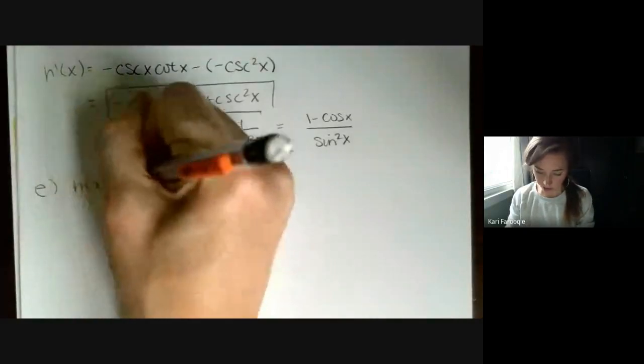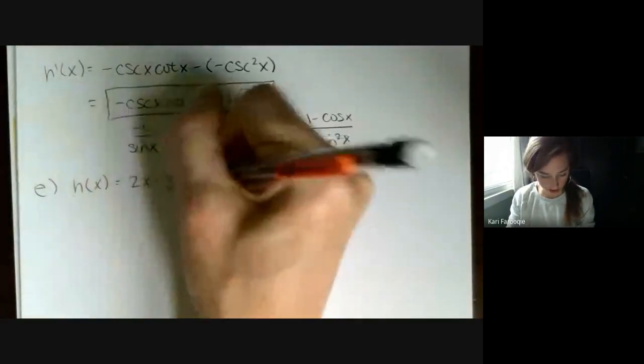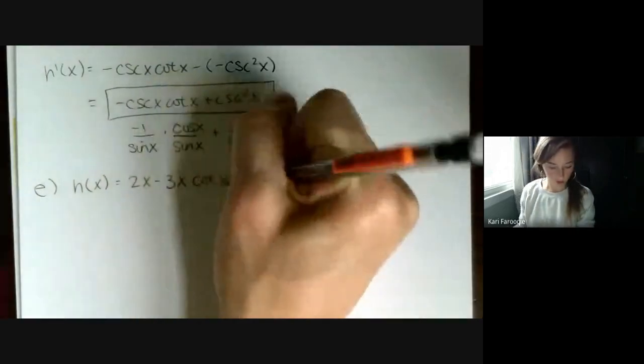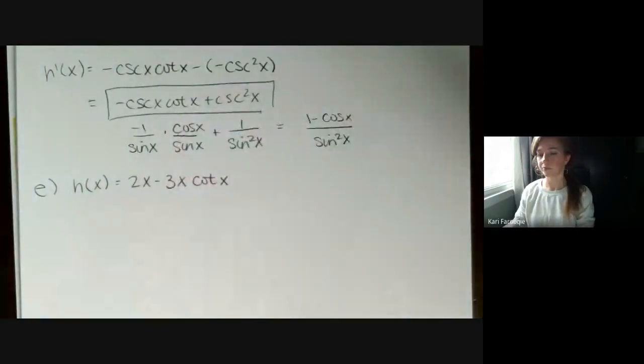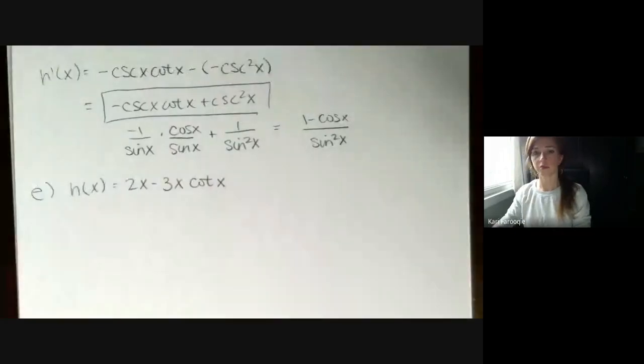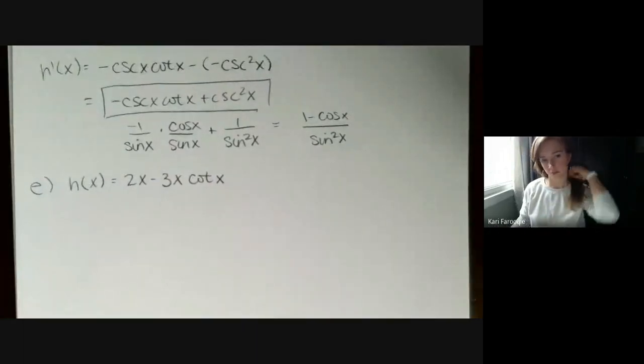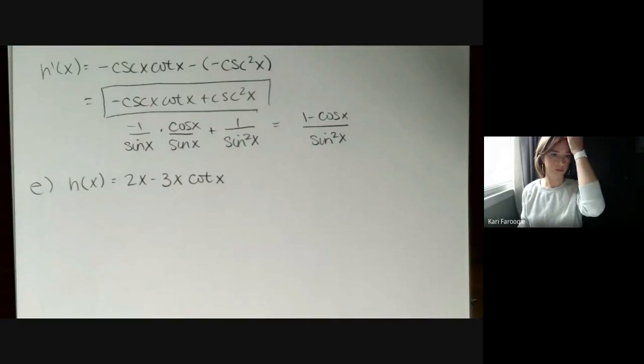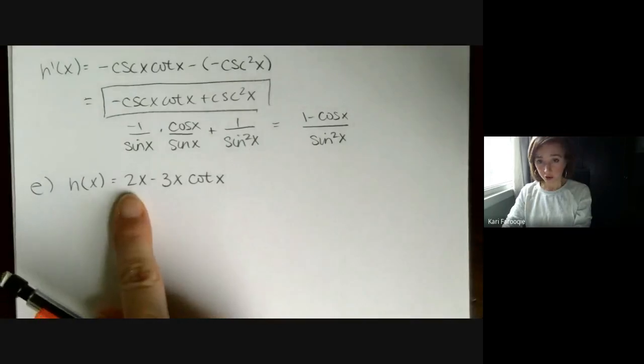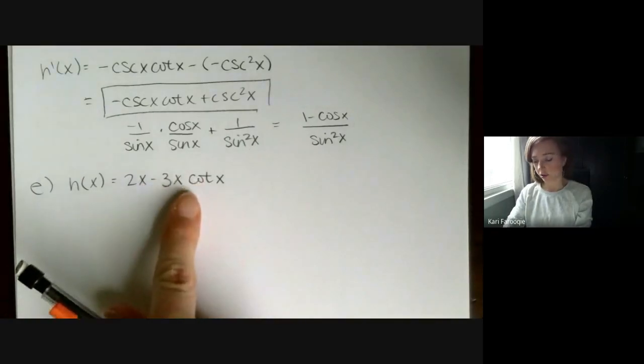h of x is 2x minus 3x cotangent x. For the first term, you're not going to need a product rule. For the second term, you will.